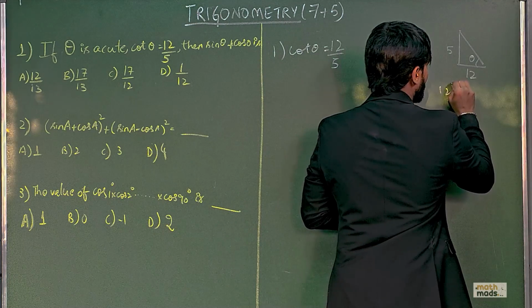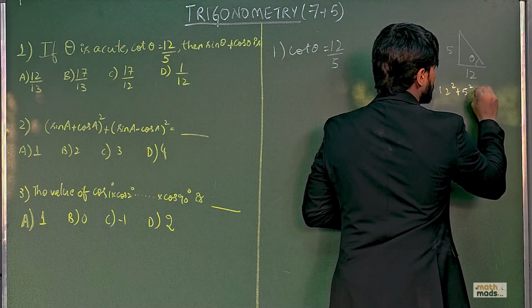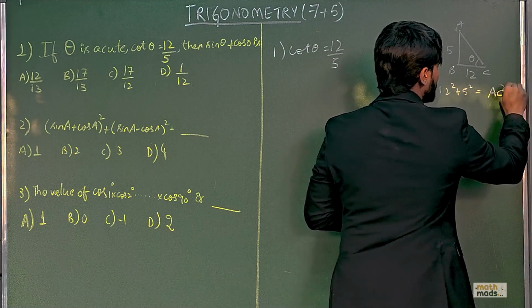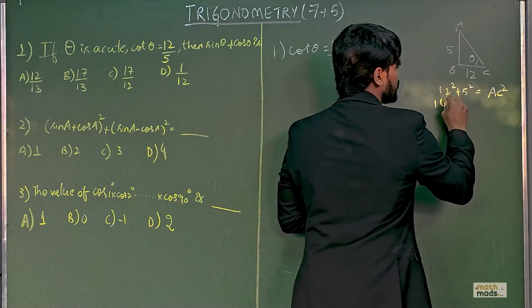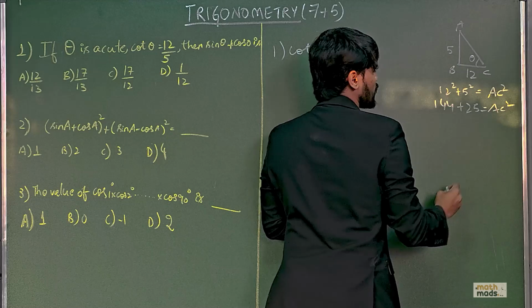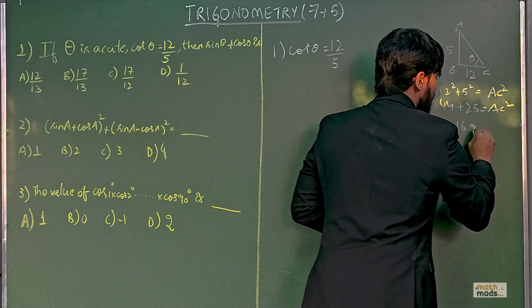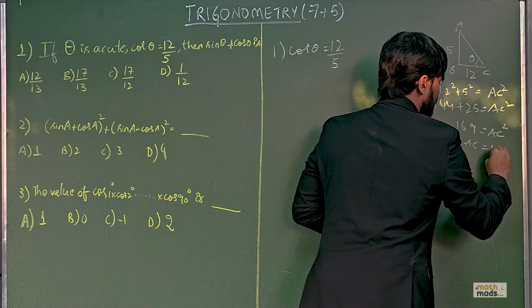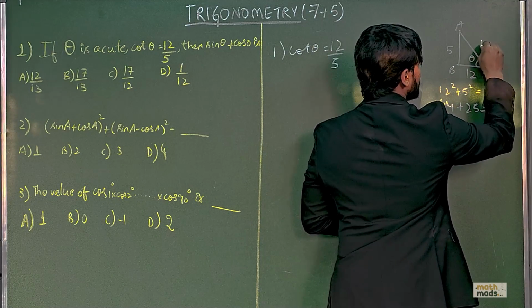So 12 square plus 5 square is going to give you, let me name it first, ABC, AC square. 12 square is 144, 5 square is 25, so AC square is 169, which means AC is 13. So this will become 13.